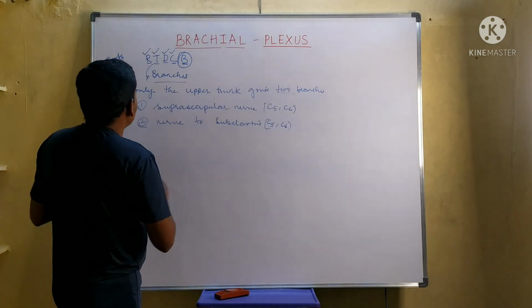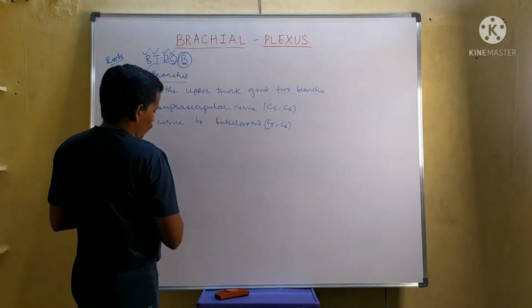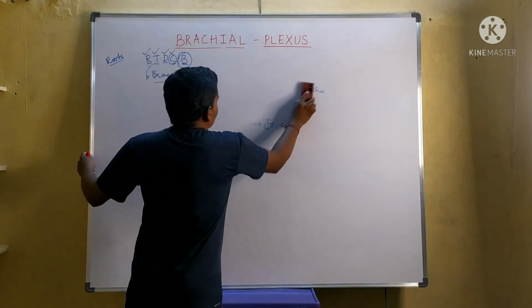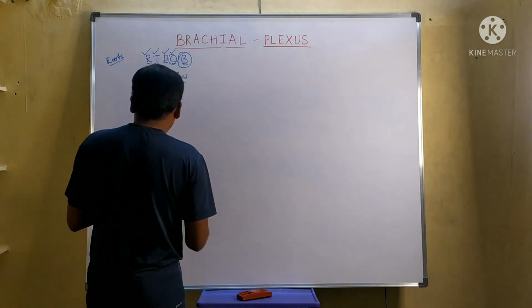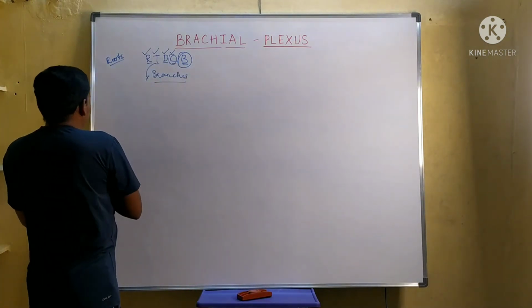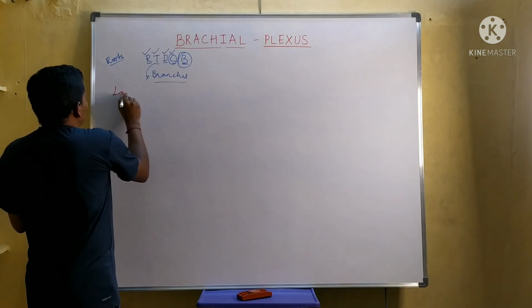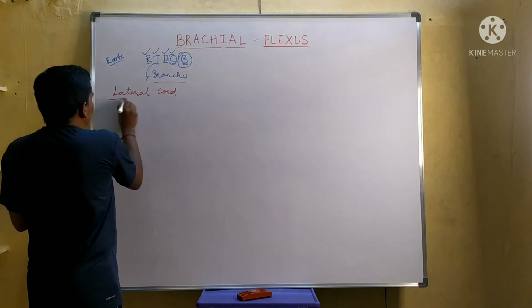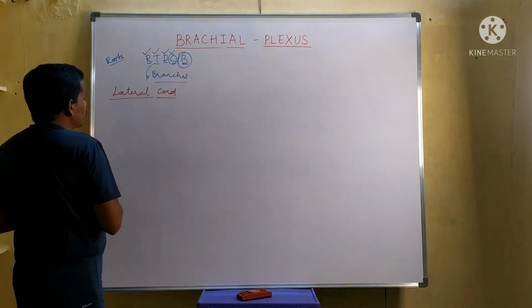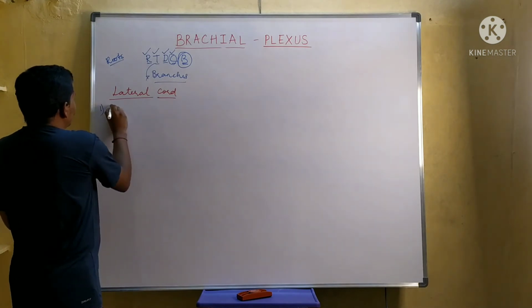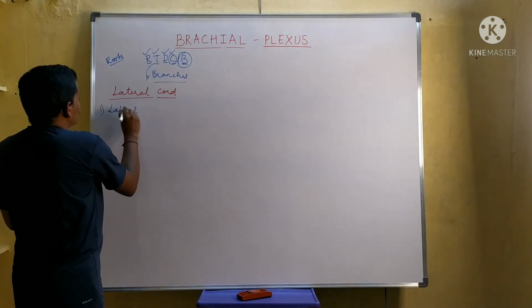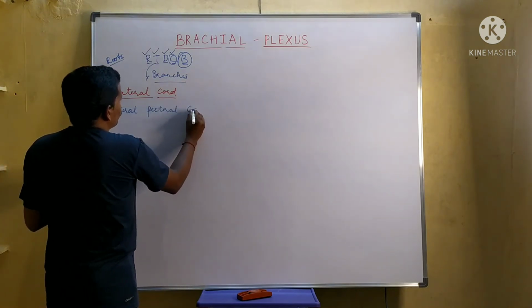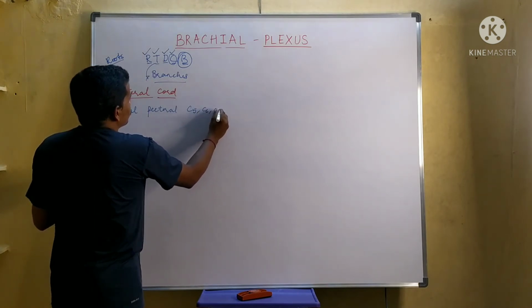Now let us see the branches from the cords. First we'll see the branches of the lateral cord. Lateral cord gives first branch lateral pectoral, root value is C5, C6, C7.